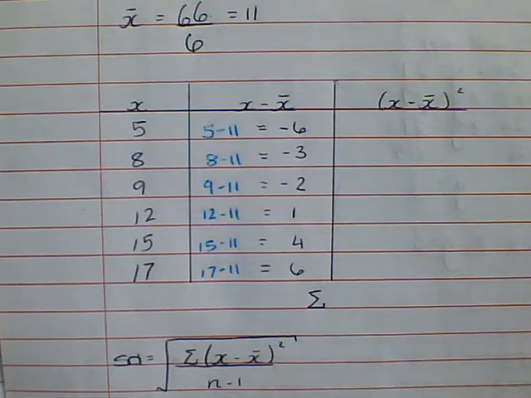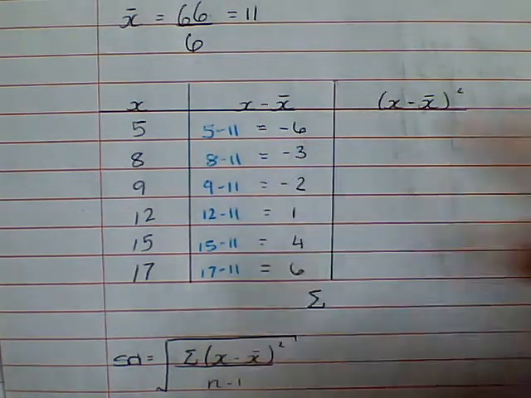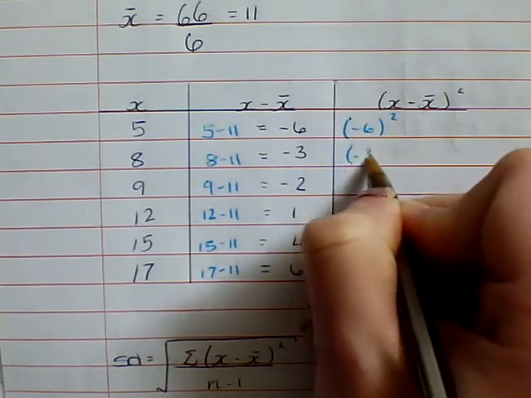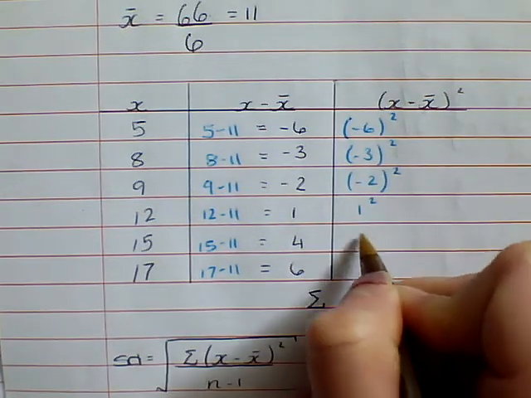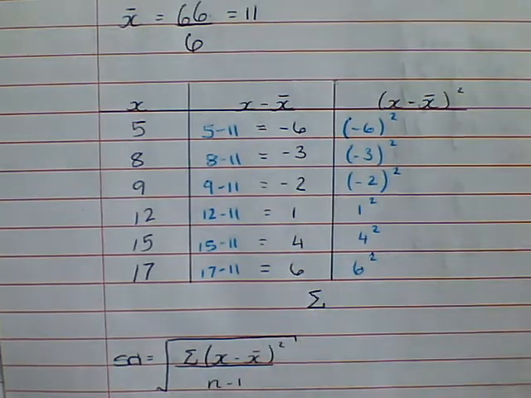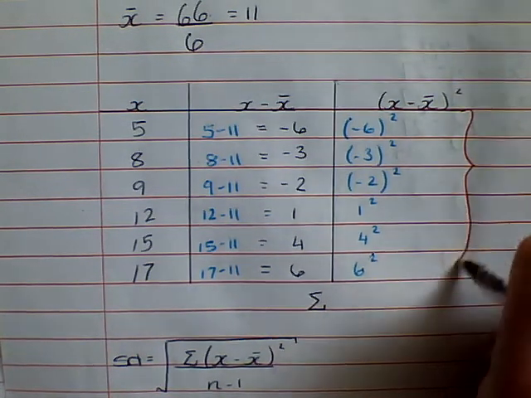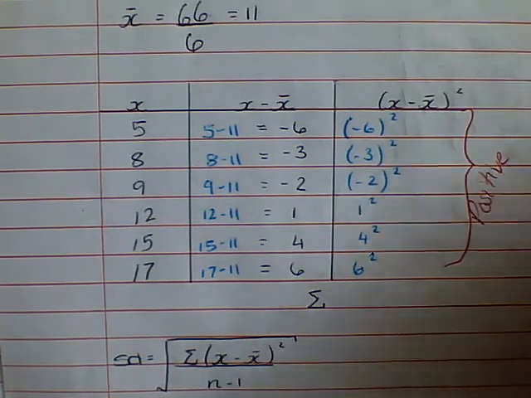Going back to my blue pen, so stuff you don't need to write. Here is where I square that number. So I am doing negative 6 squared, negative 3 squared, negative 2 squared, 1 squared, 4 squared and 6 squared. Now every number here should be positive. There should be no negative numbers.